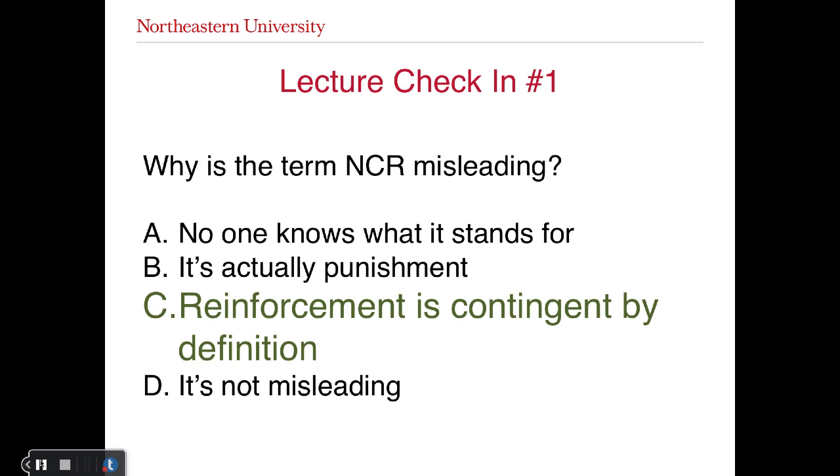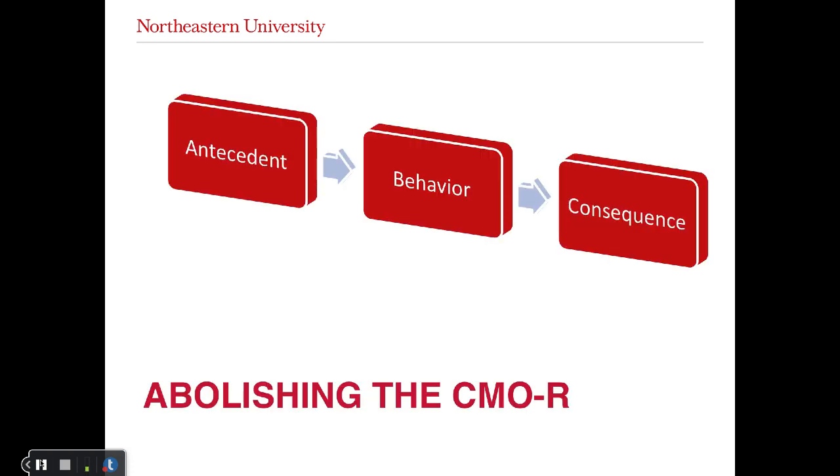The other answers are just incorrect. So there's no need to go through them, but you want to be thinking about this. The other thing that you want to consider is non-contingent reinforcement also results in the decrease of behavior, and by definition, non-contingent reinforcement results in decrease of target behaviors.